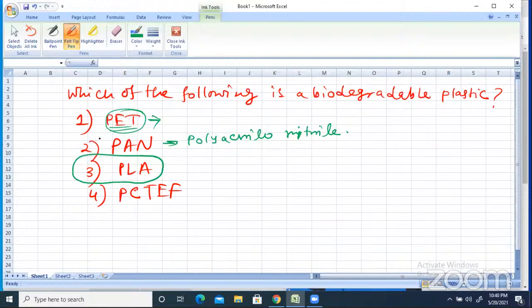Okay, the correct answer is polylactic acid, PLA. Remember, important question.